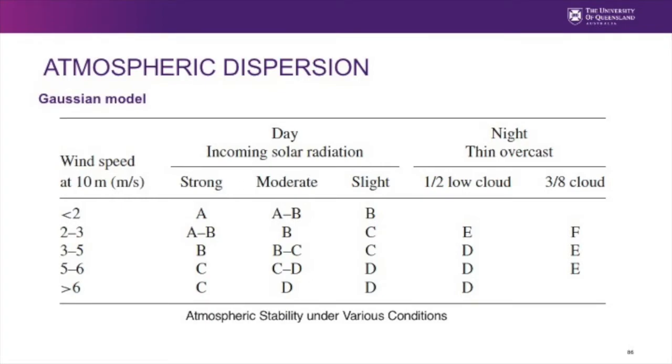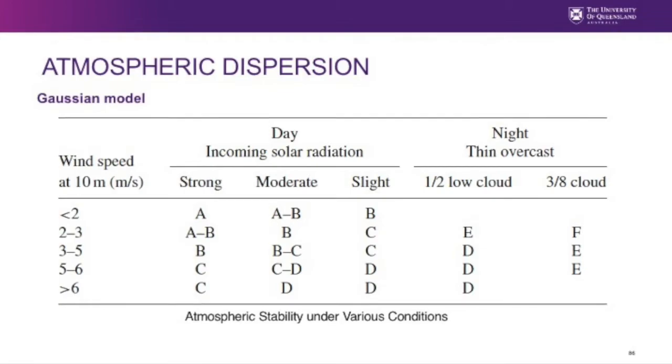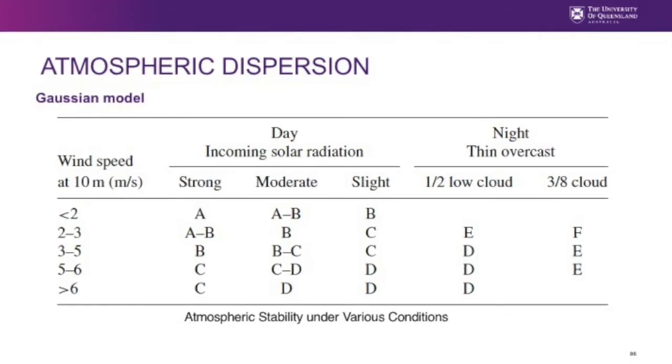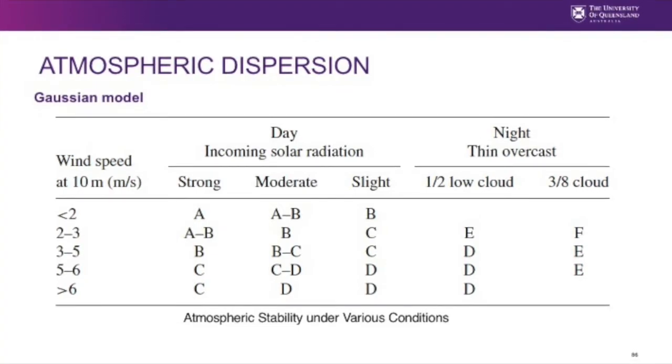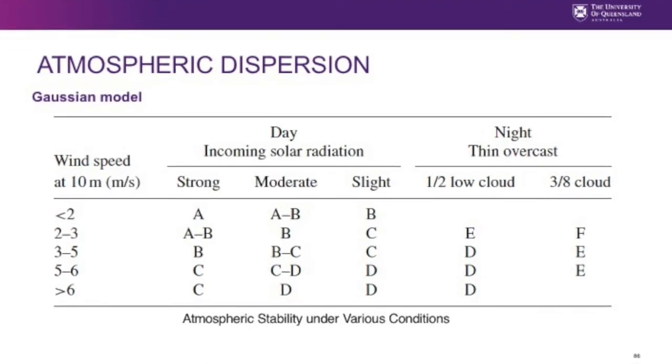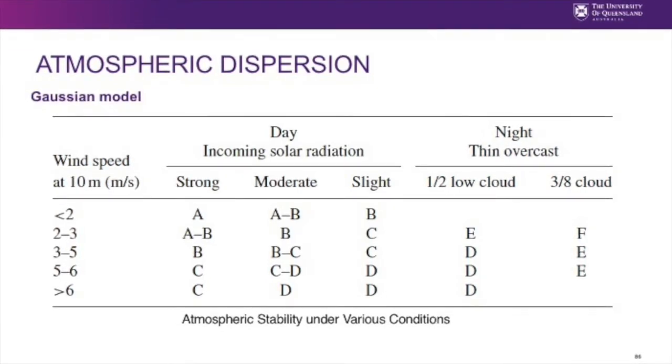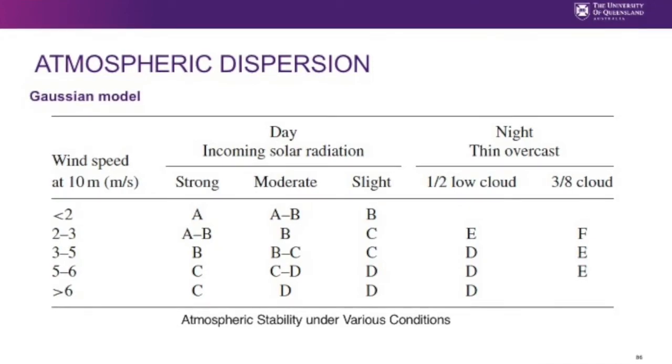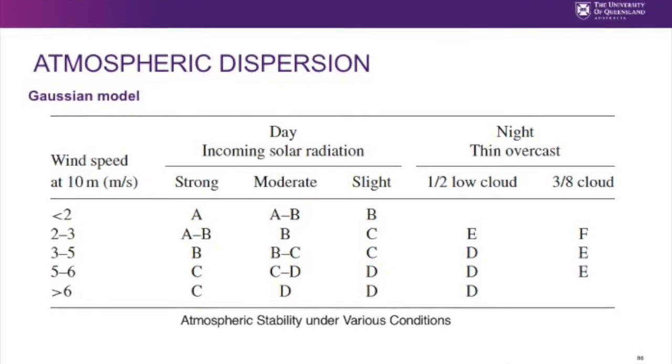the standard deviations for y and z, these are measures of the plume spread in the crosswind lateral and vertical directions. They depend on the atmospheric stability and on the distance from the source. We classify the stability of the atmosphere depending on the incoming solar radiation and on whether it's day or night.